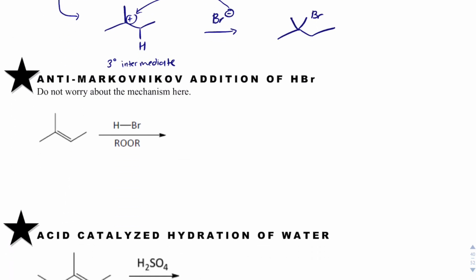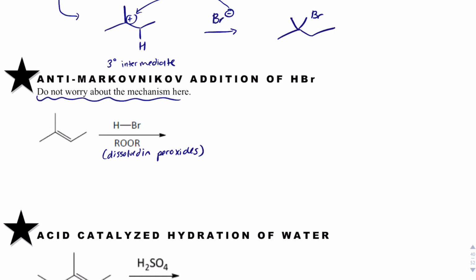What if it's anti-Markovnikov? I'm telling you, we don't need to worry about the mechanism here. But what we see is HBr, and this means dissolved in peroxides if it's underneath the arrow.